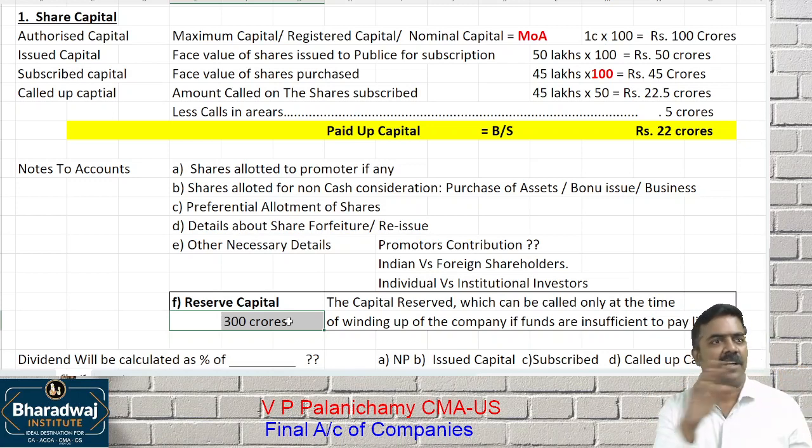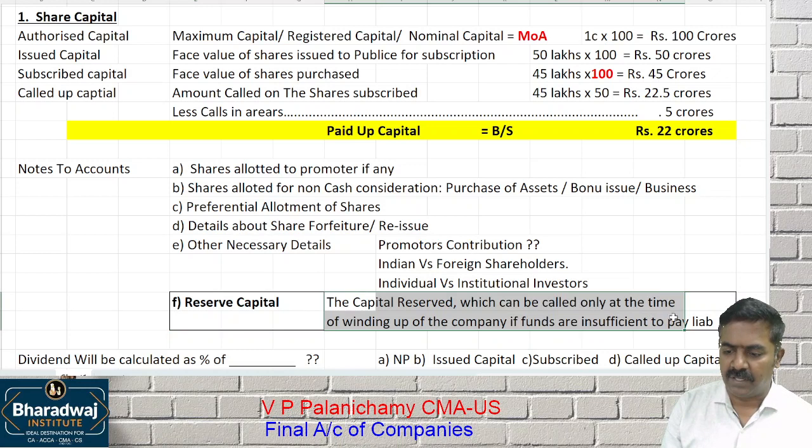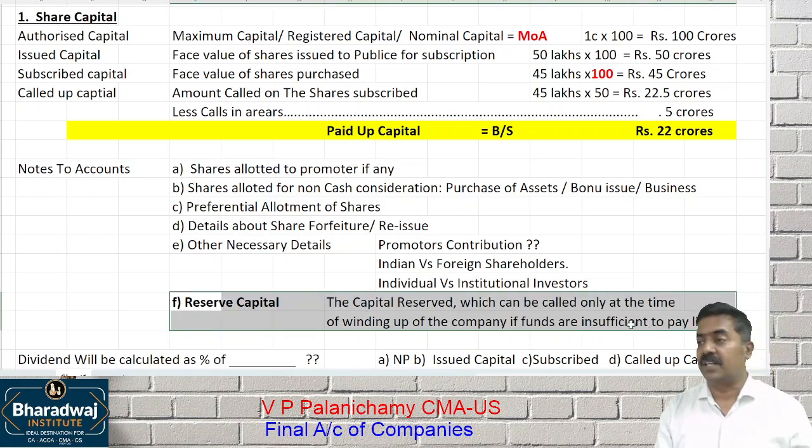Using that money you settle liability. The balance is 250 crores. Reserve capital is 300 crores. Now you will collect 250 crores from the reserve capital. That's why it is the capital reserved, which can be called only at the time of winding up of the company, when funds are insufficient to pay liability. They can ask this also in MCQ.